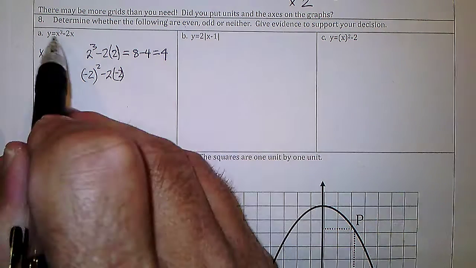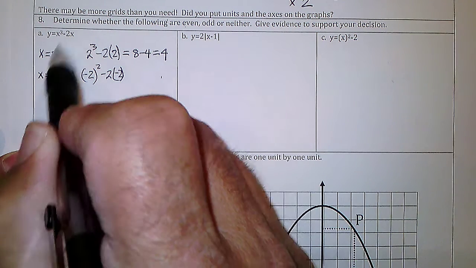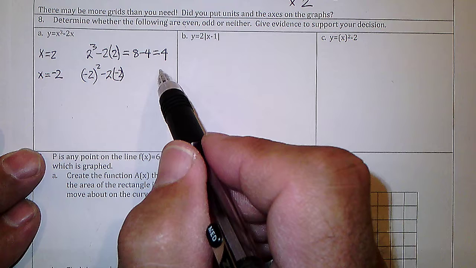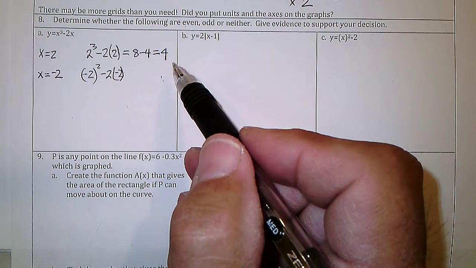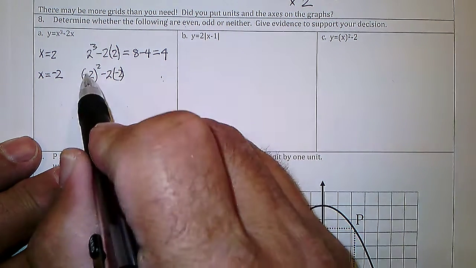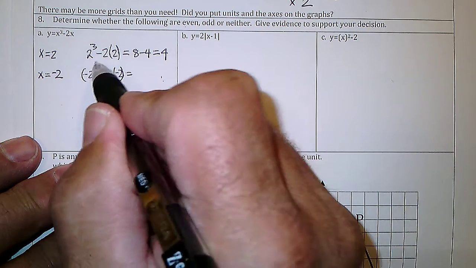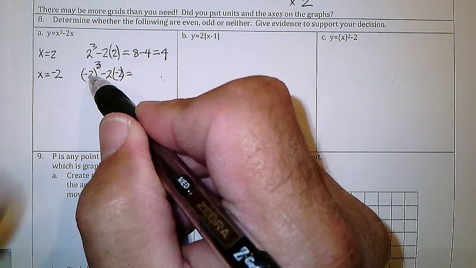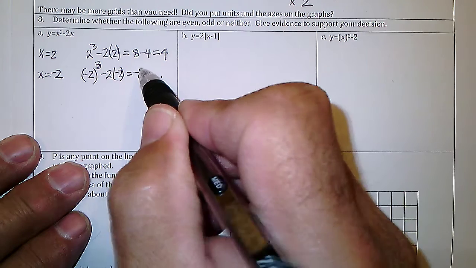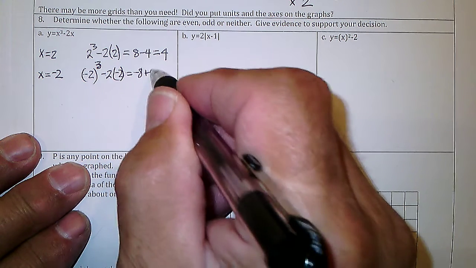Now, if this is even, I'll get 4. If it's odd, I'll get -4. If I get anything else, it's neither. Okay? So, let's see here. -2 cubed. That's -2 times -2 times -2, which is -8. And -2 times -2 is +4.